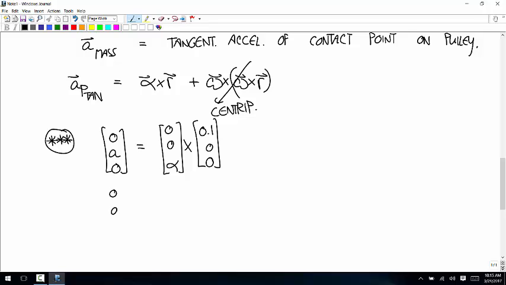And that says 0a is equal to 0, positive 0.1 alpha.